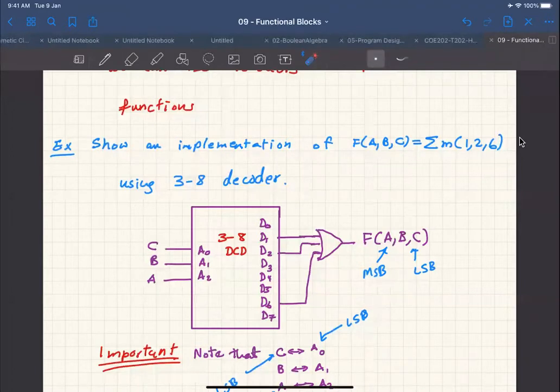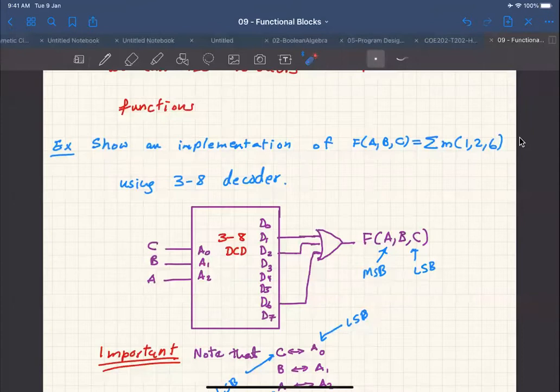But we said that you must connect the most significant bit of the function, which is A in this case, to the most significant bit of the decoder, which is A2 here. So A must be connected to A2, the second input, B, must be connected to A1, and the third input, which is the least significant bit, must be connected to A0.